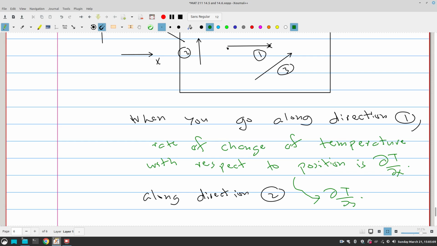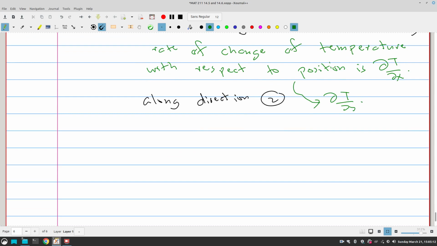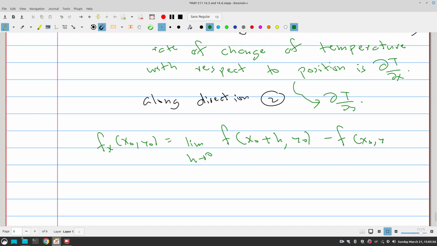So f sub x at x naught y naught is equal to the limit as h goes to 0 of f of x naught plus h, y naught, minus f at x naught y naught, divided by h, and similarly f sub y at x naught y naught is defined.